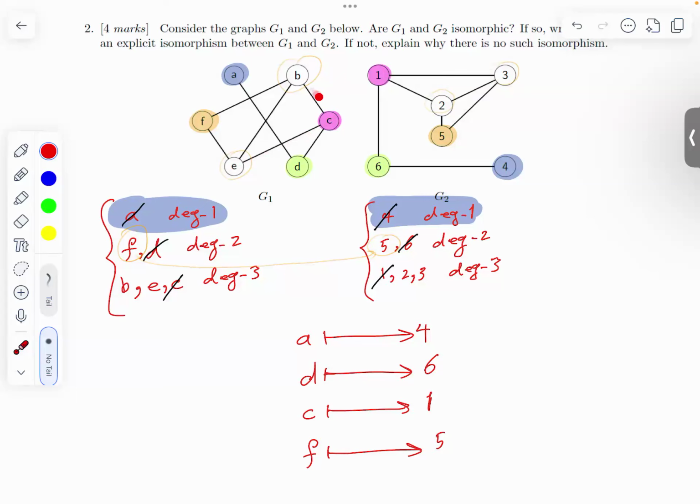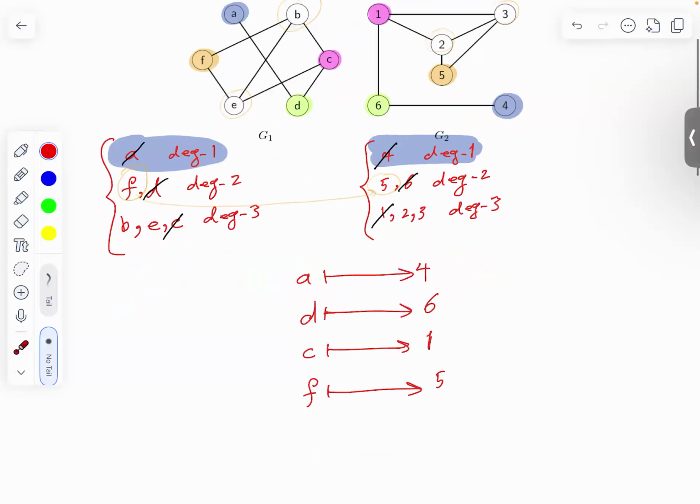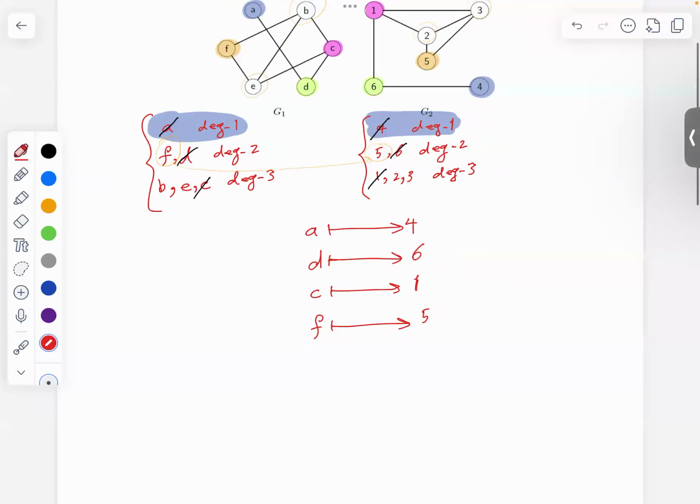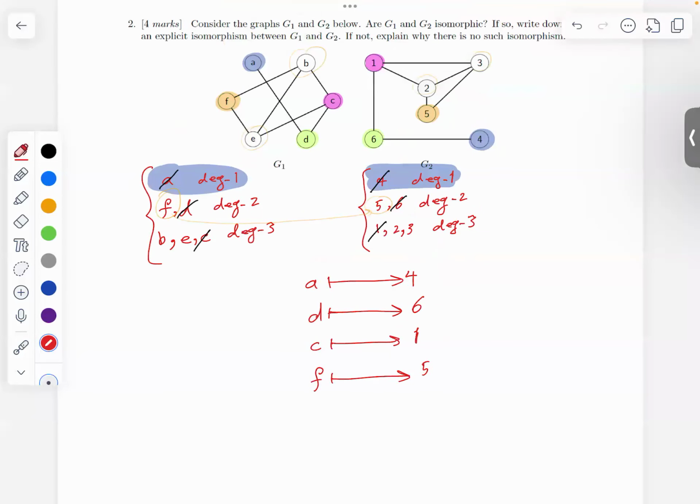All right. So maybe during the exam, if you have colorful pens, it will be helpful. So what's the meaning of this one? This means you can relate B to 2 and E to 3.